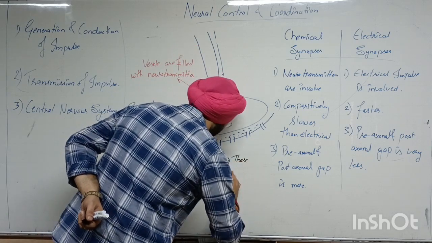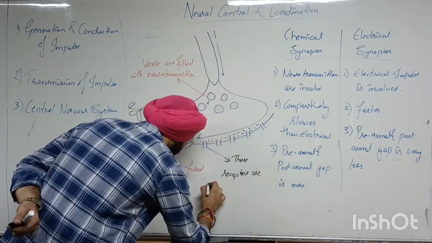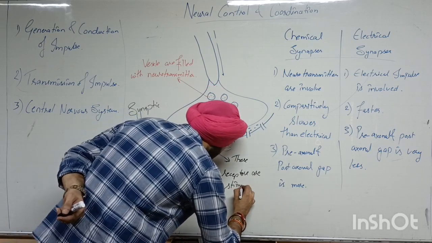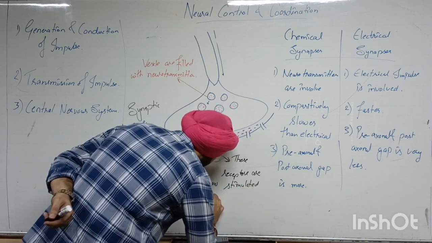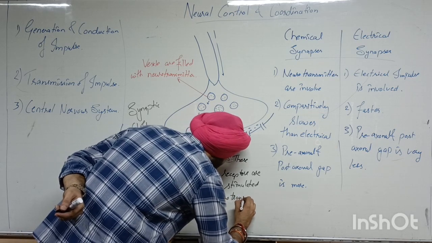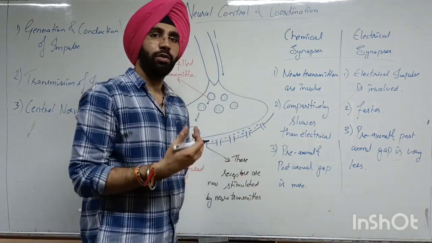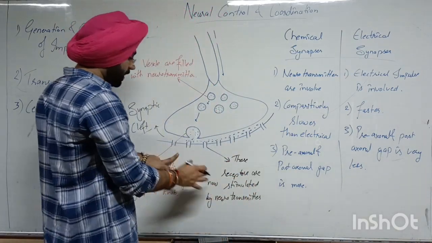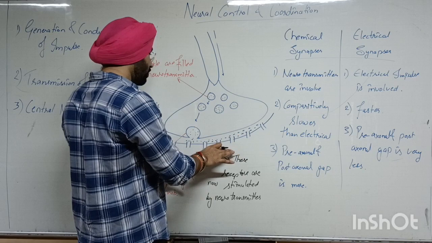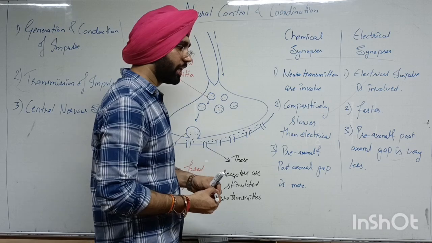These receptors are now stimulated by neurotransmitter, and in the next axon part, the neurotransmitter is sensitizing the receptors present on the post-axonal part, that is the next neuron, which will generate the action potential again in the next neuron.